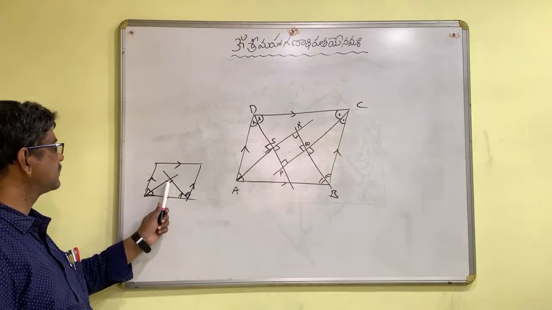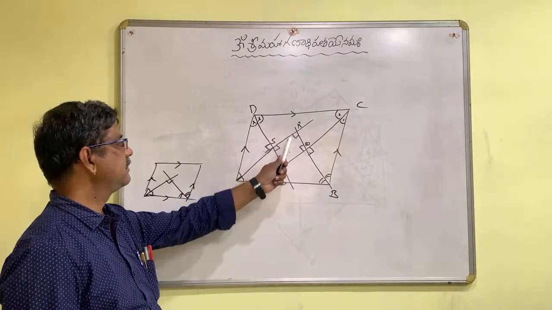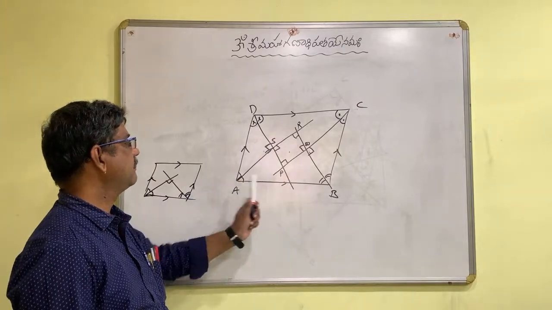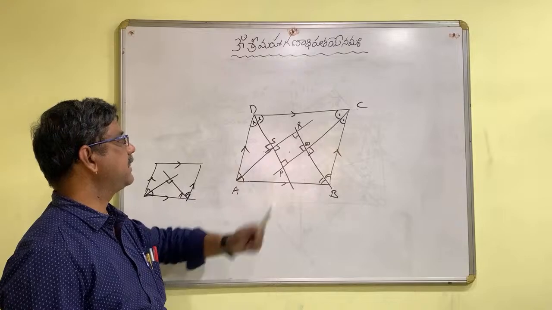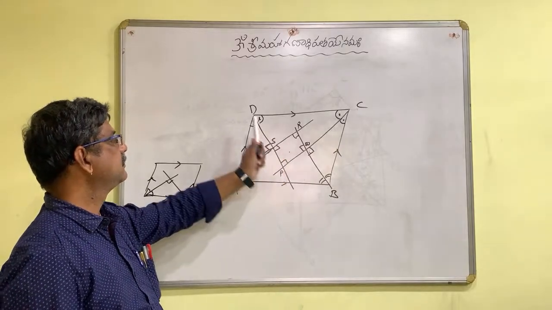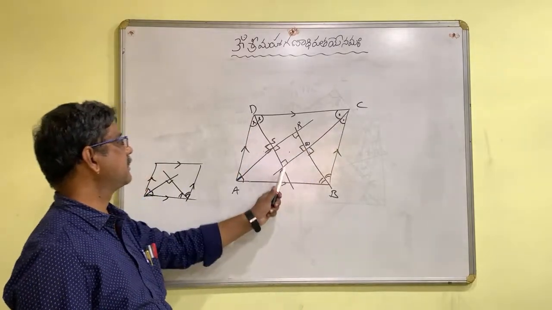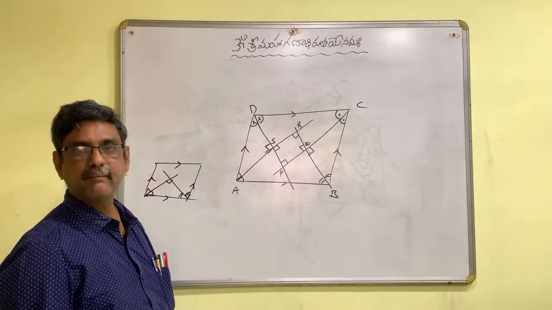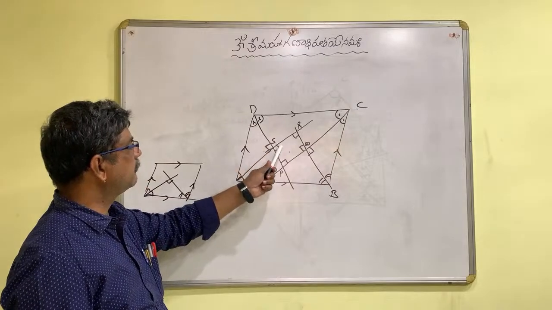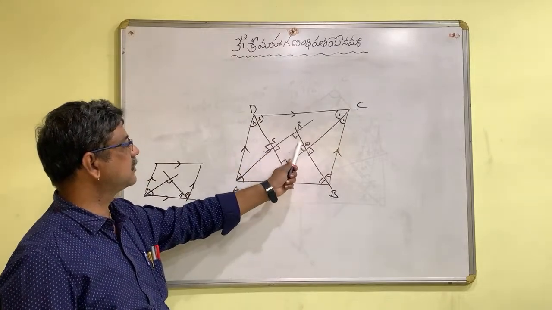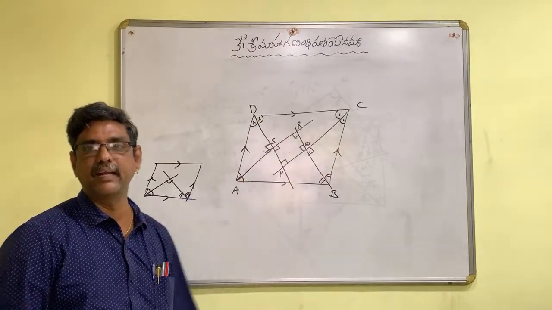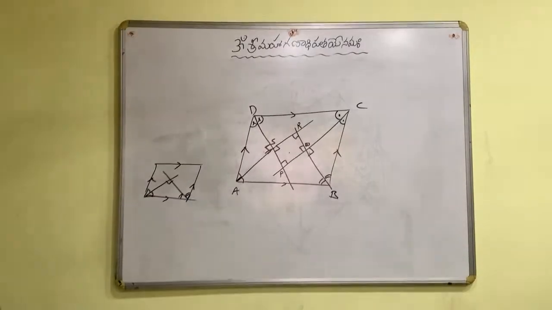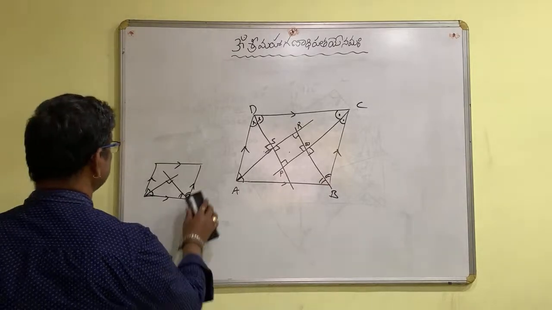AR is the bisector of angle A. BR is the bisector of angle B, and angle between them is 90. DP, CP, this angle is 90. If this is 90, vertically opposite angle is also 90. So all the four angles are 90. It is a rectangle. Okay?